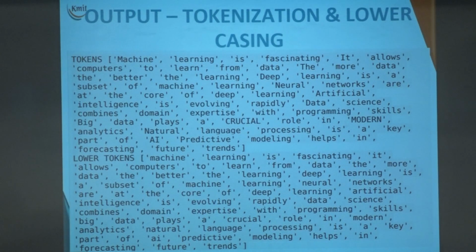Machine learning is fascinating. You can see machine is treated as a separate token, learning is a separate token, is, fascinating, etc. You can see crucial, modern, AI, artificial with first letter A, they were all caps. Below that, I have now changed them into lower cases through the lower method. Clear enough how we have done?